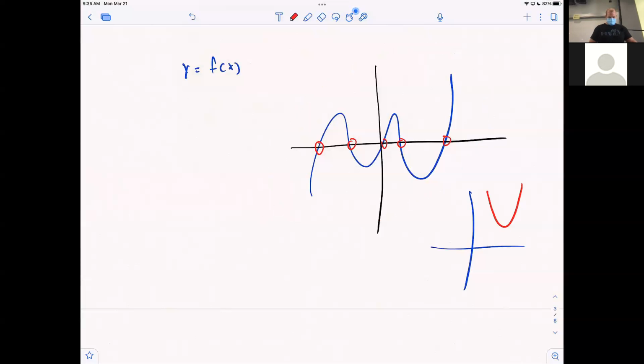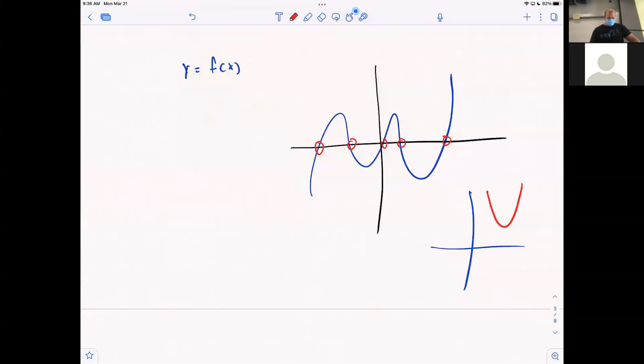That's one thing. Also, if you have a function that looks like that, part of your job as a scientist is to figure out which root makes sense. We've already talked about that with quadratic equations.